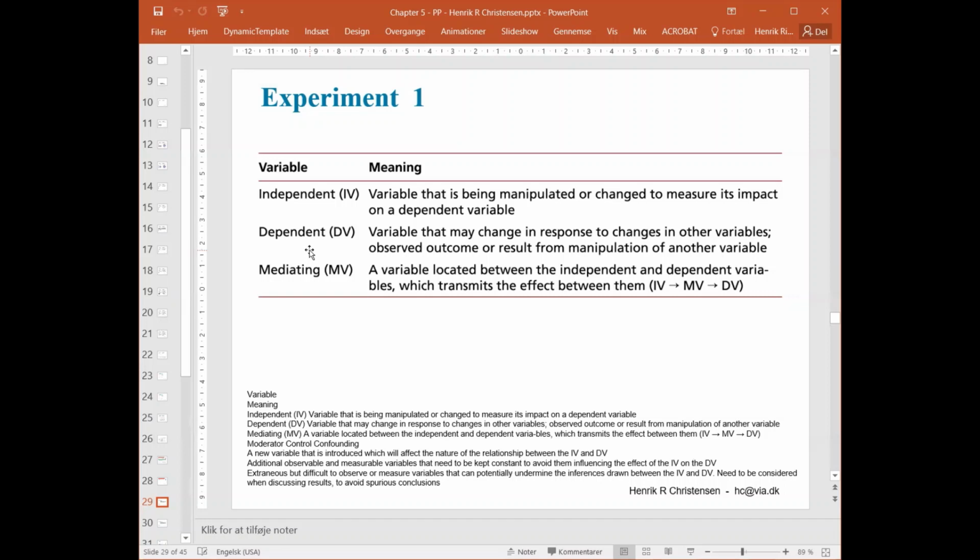So the idea about experimenting is to control the experiment and figuring out when we have something that is dependent on something else, then how can we work with that? And then we need to remember that the mediating variable might be something that comes in between and explain things.